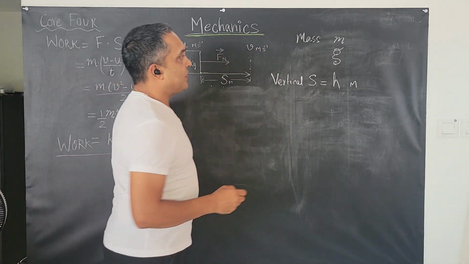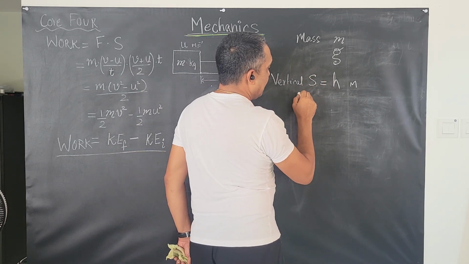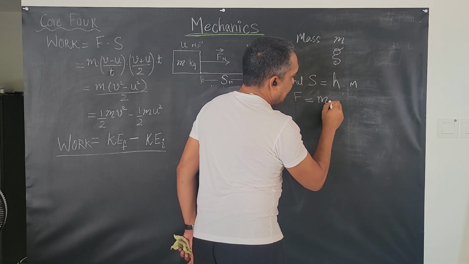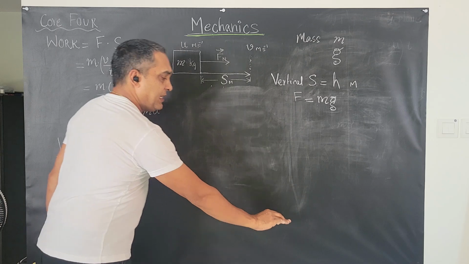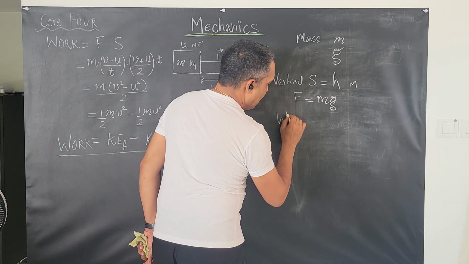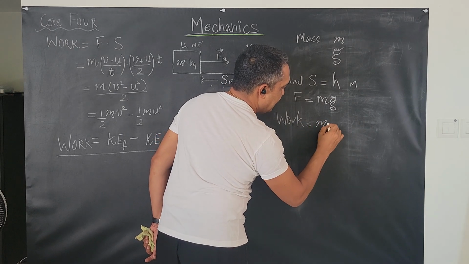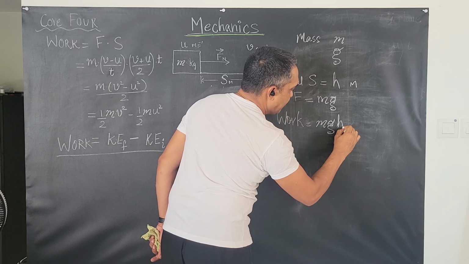It was held with a force equal to mass times g. That vertical movement imparted work of mass times g times h.